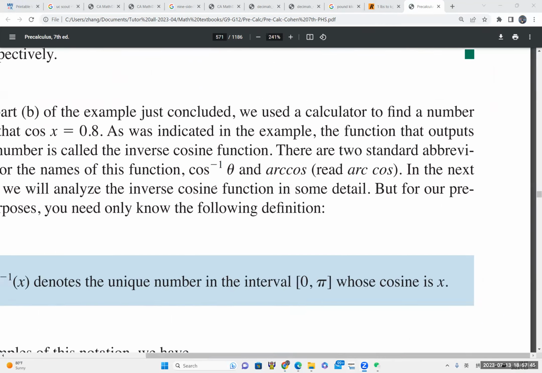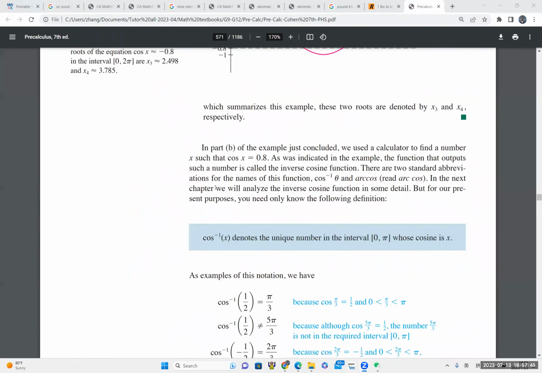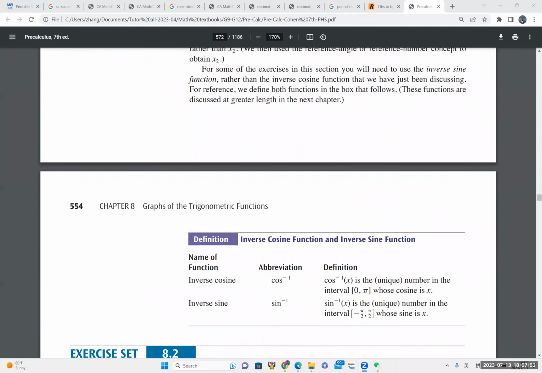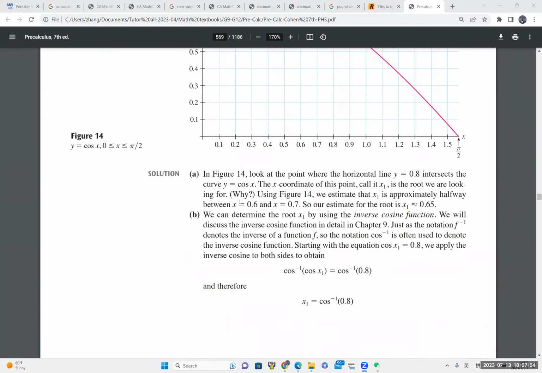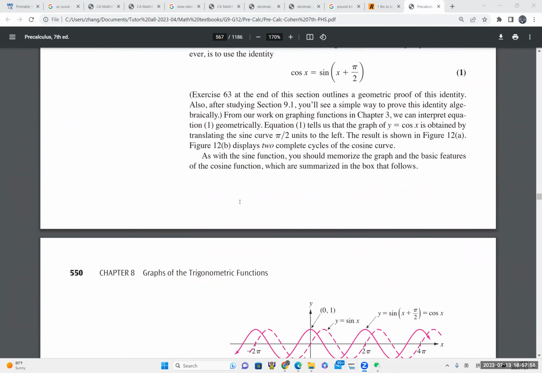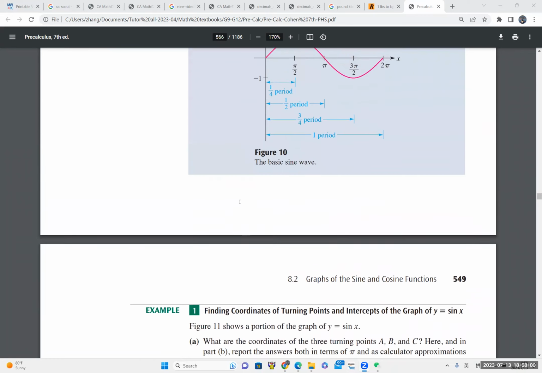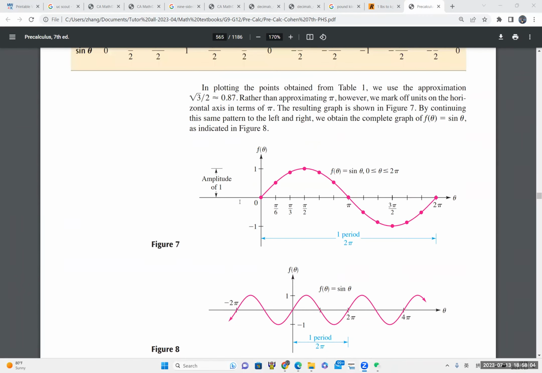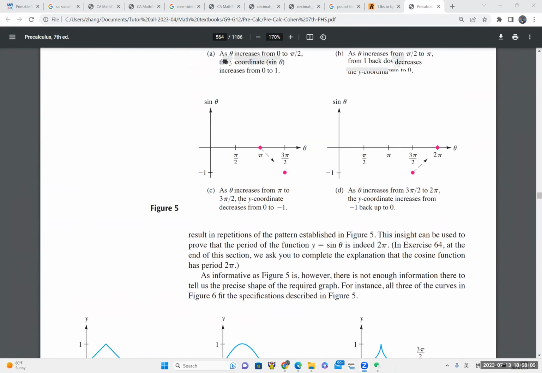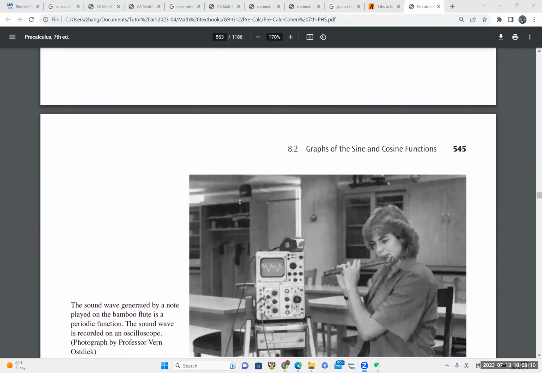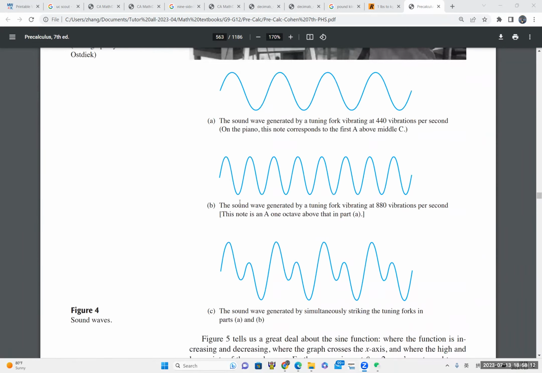Then I suppose it also talks about the arc sine. Let me quickly go to sine. Why is there no arc sine? I suppose they should both mention it.